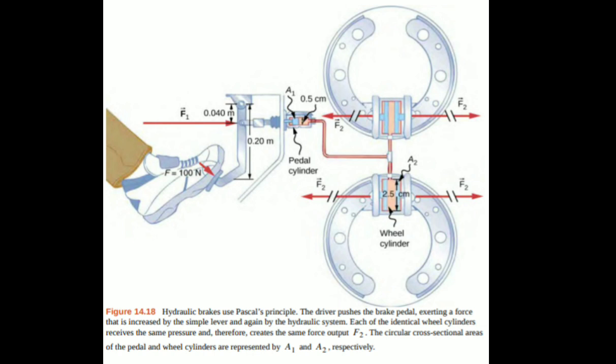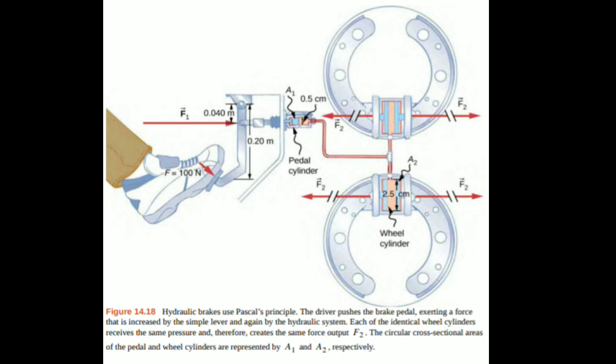In figure 14.18, hydraulic brakes use Pascal's principle. The driver pushes the brake pedal, exerting a force that is increased by the simple lever and again by the hydraulic system. Each of the identical wheel cylinders receives the same pressure and creates the same force output F2. The circular cross-sectional areas of the pedal and wheel cylinders are represented by A1 and A2 respectively.